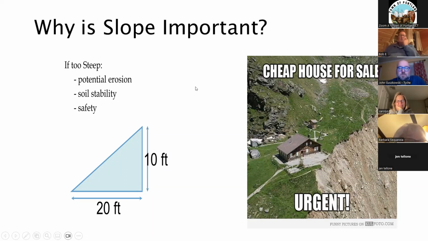So for health and safety, public welfare and safety, issues of erosion, issues of soil stability, slope is important. And so if you're facing a site plan with a tremendous amount of topography and they're proposing to throw in a soccer field or something like that, we know that there's going to be a lot of slope challenges.